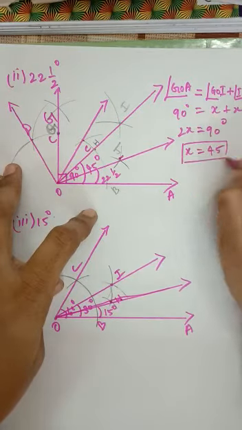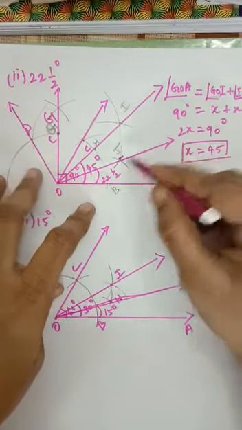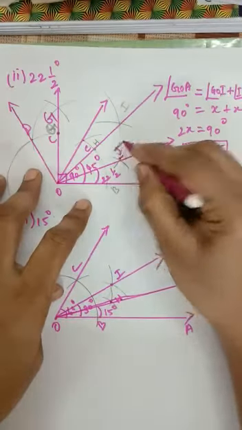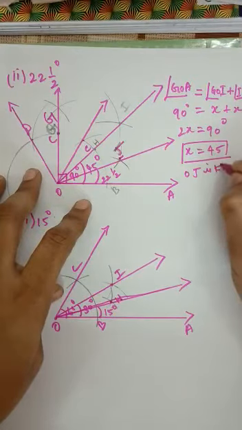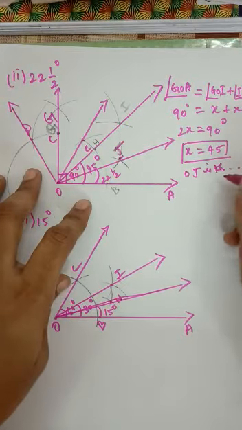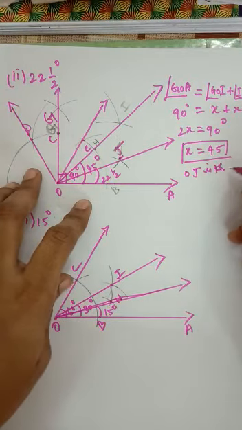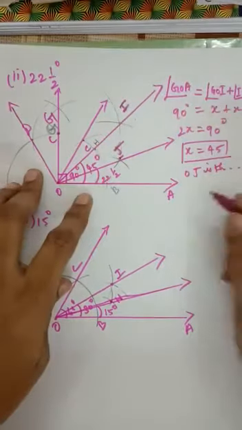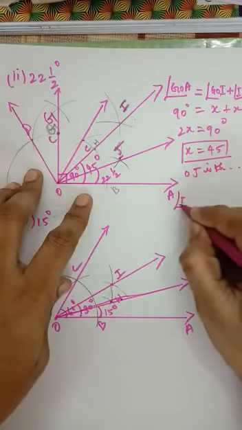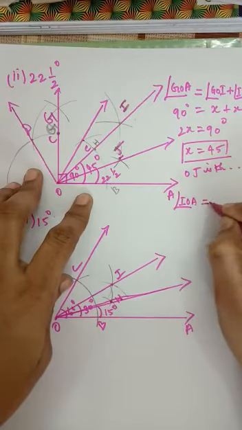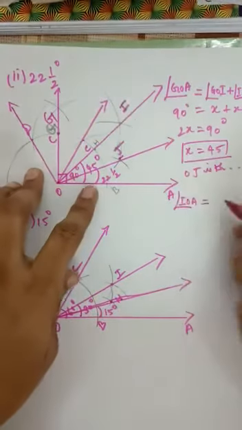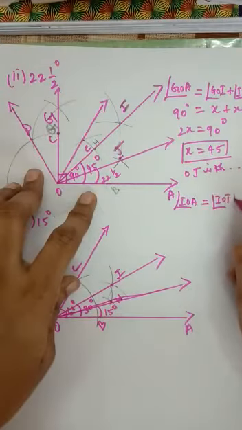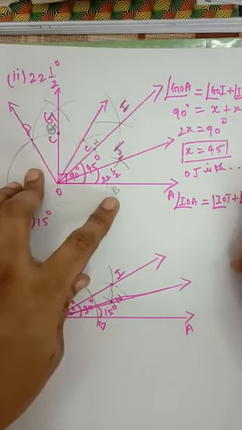Is it clear? Okay, and then OJ is the bisector of an angle IOA. So angle IOA is equal to angle IOJ plus angle JOA.